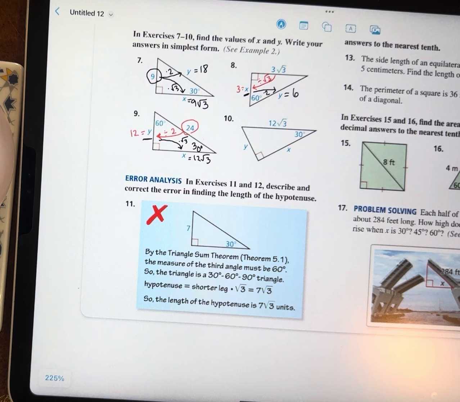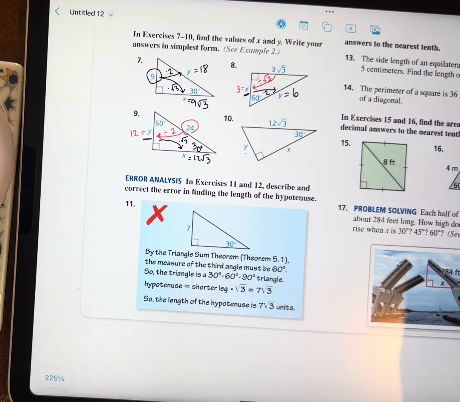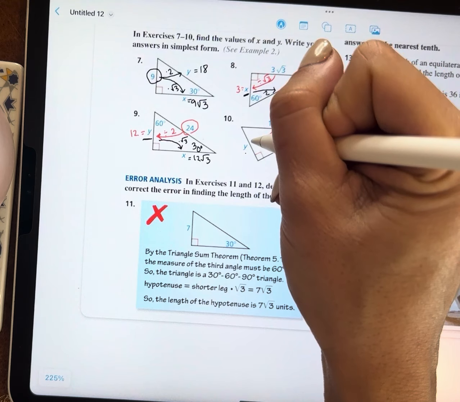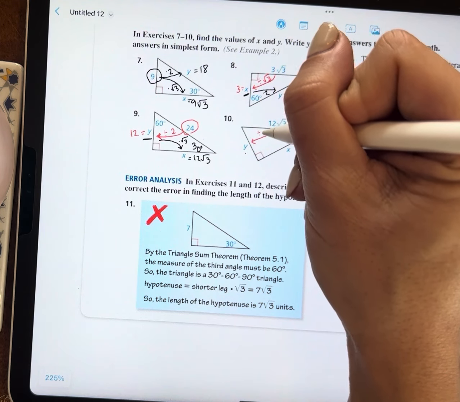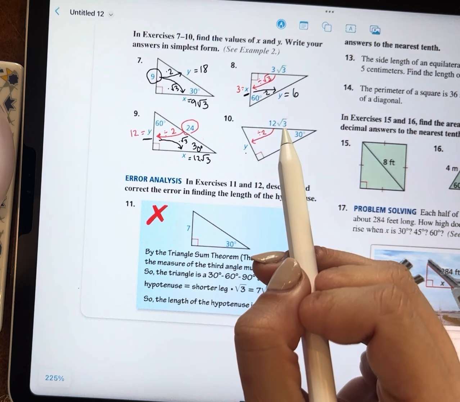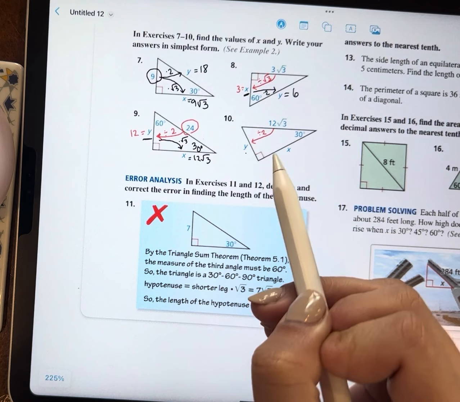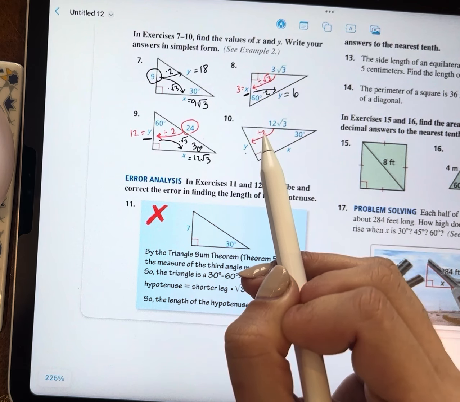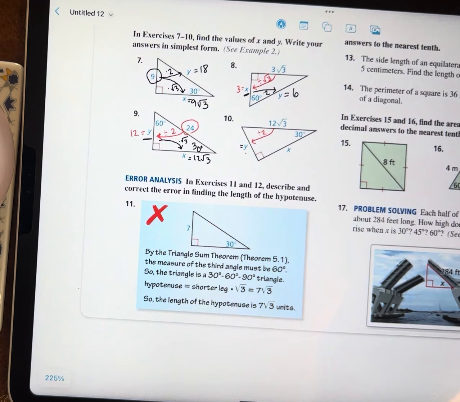Number 10. Okay, the short leg is right here. I don't have it, which means that I am going backwards from the hypotenuse to the short leg, which means that I am dividing by 2. Don't get influenced by the number you see and think that just because you see a radical, that means you're dividing by the radical. No, from hypotenuse to short leg, we divide by 2. 12 rad 3 divided by 2 is 6 rad 3.